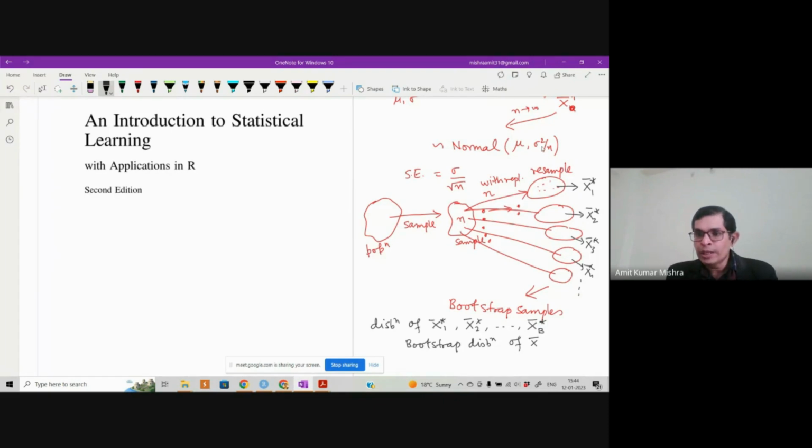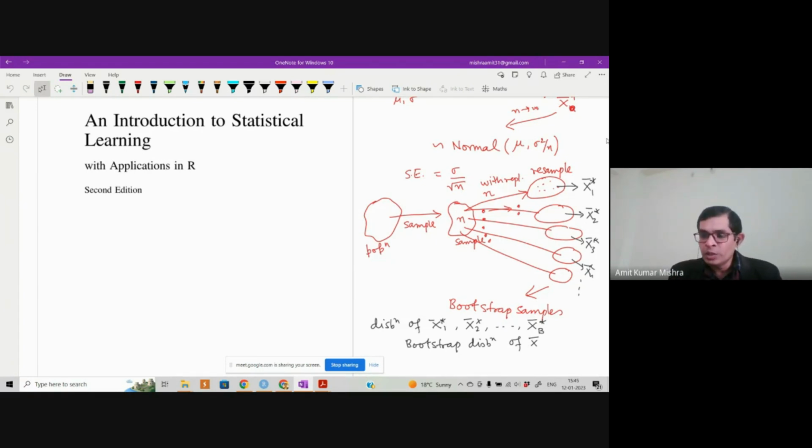Okay, now the question arises, what will be the standard error of these bootstrap samples? There are many questions we can now resolve, because in large sample theory you may not have large data sets, and due to some time constraint or some other constraint, it is not possible to resample all those things. Okay, so this is the basic idea of bootstrap resampling.